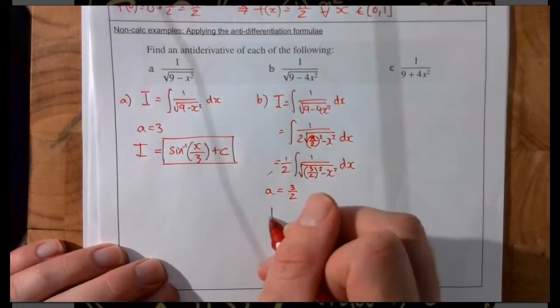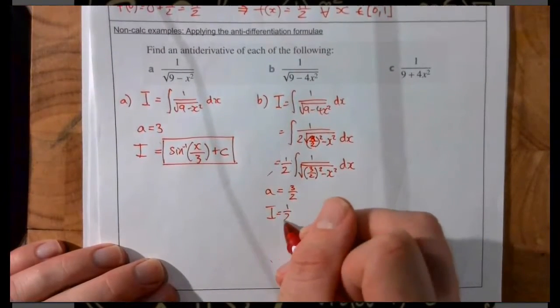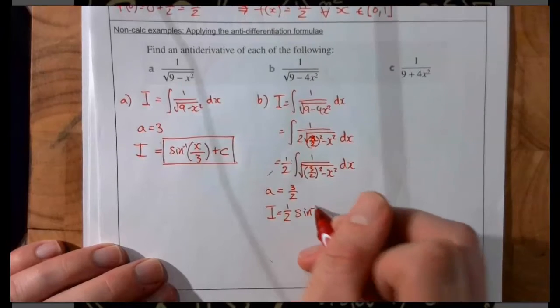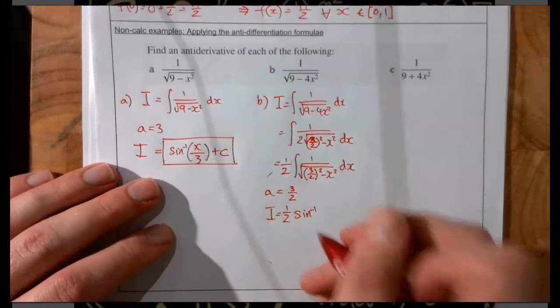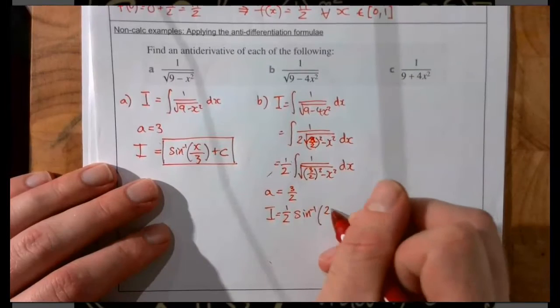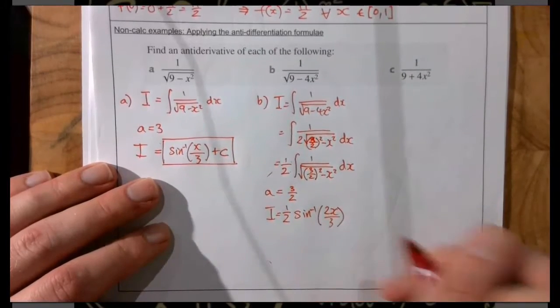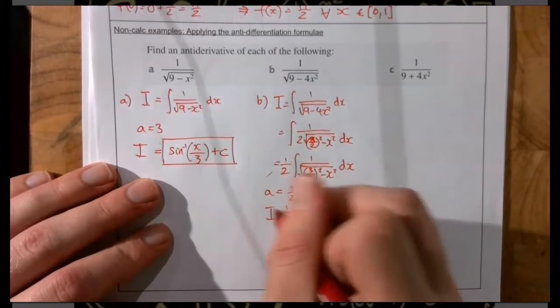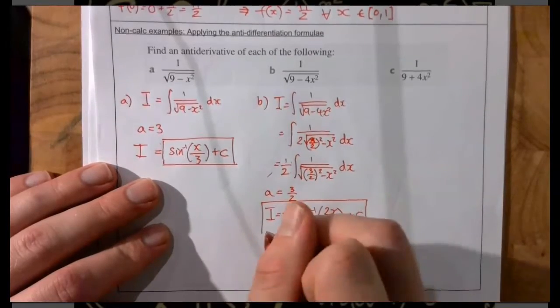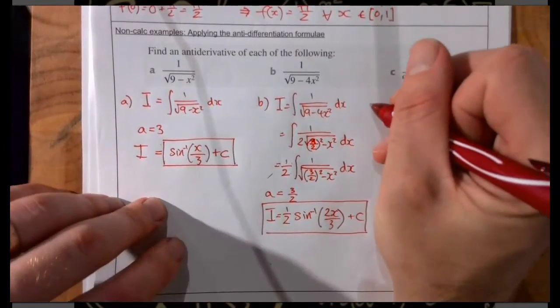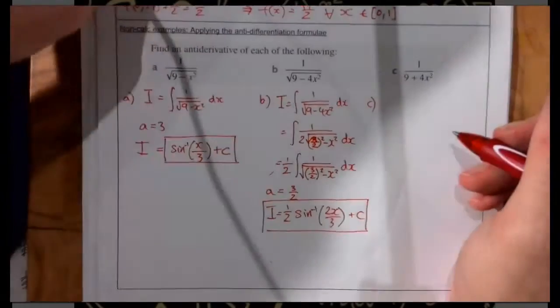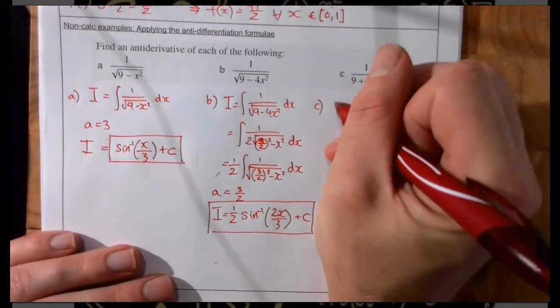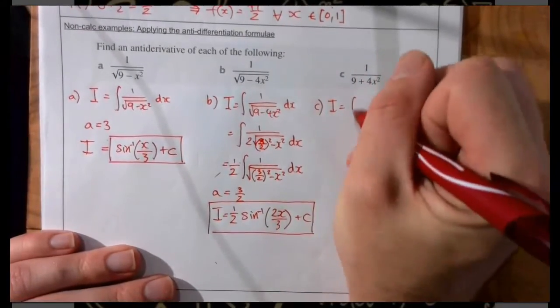So I, the integral, must be a half times sine inverse of x divided by 3 over 2. So that's just 2x over 3. Always, always plus c. The last one is a very similar idea, but just one extra level of complication.